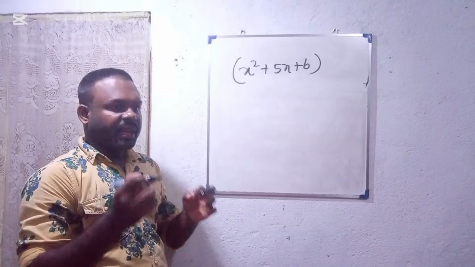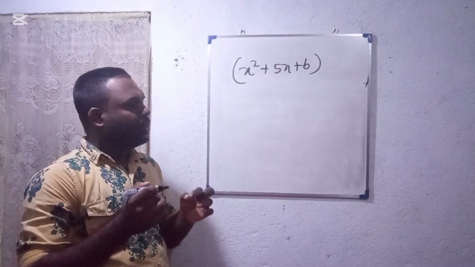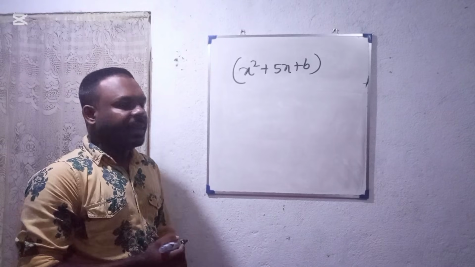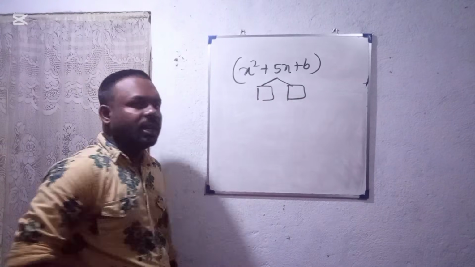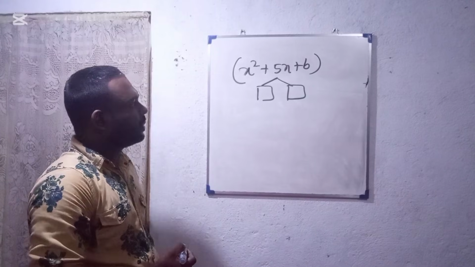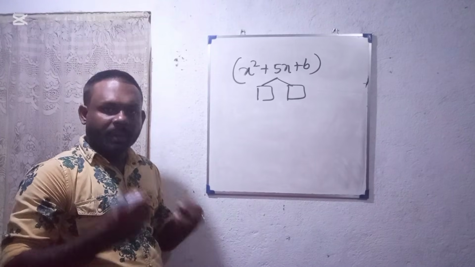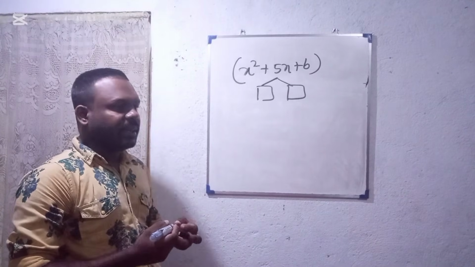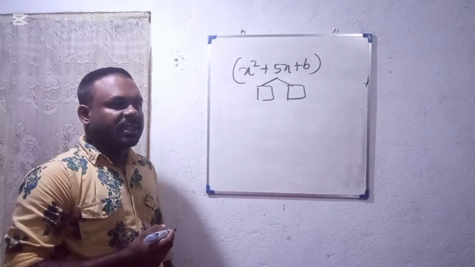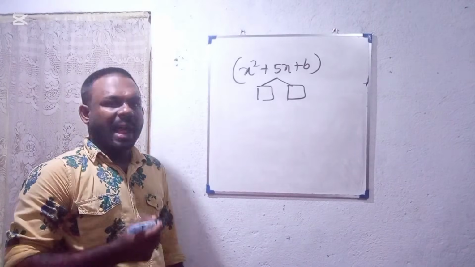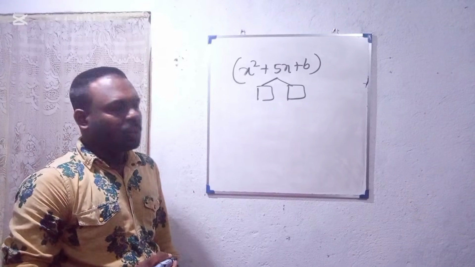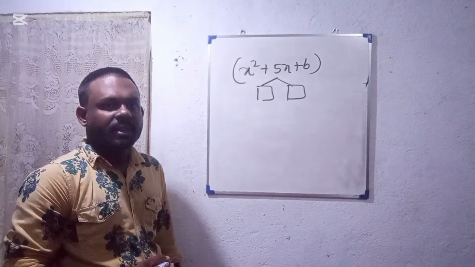So here we use a specific method. We split this middle term. There are so many methods, but I think this method, which I propose, is the most efficient one. If you practice rule 1 and rule 2, this is very easy.